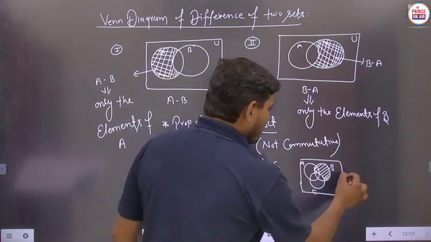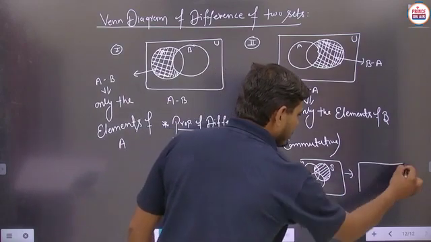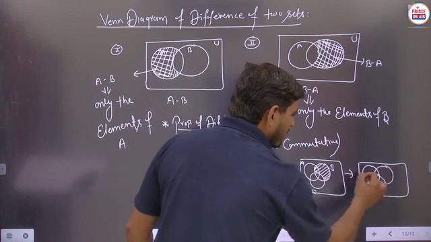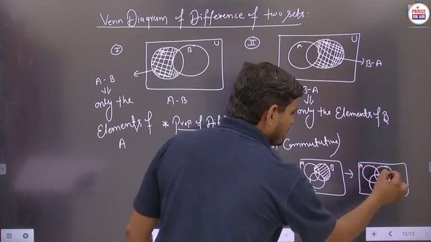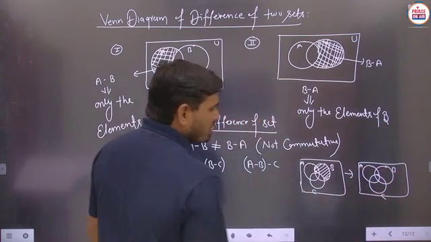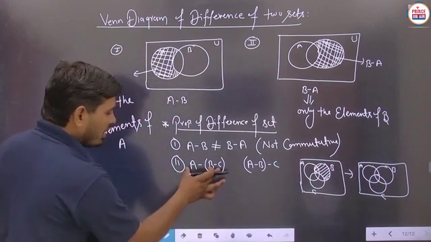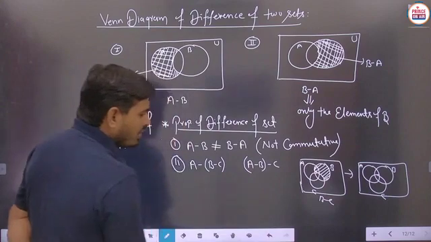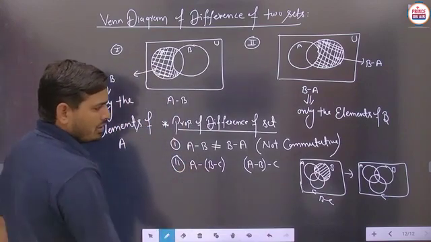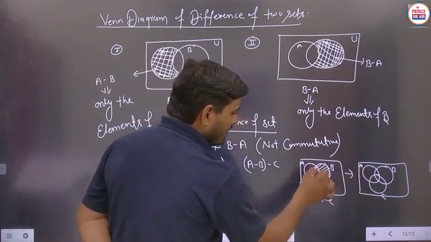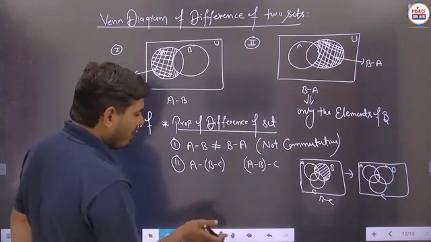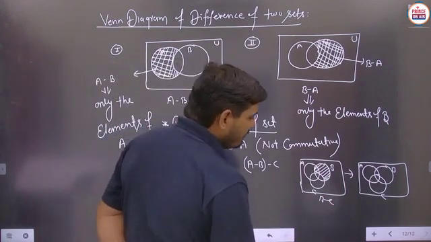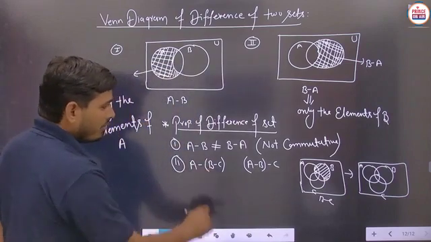So if we take the Venn diagram again, this is set A, this is set B, this is set C. Now we have to take the difference B minus C. This will represent B minus C. Now A minus B minus C. So this is A and this is B minus C. We have to take the elements of A only, which means we are not taking the elements of B here.